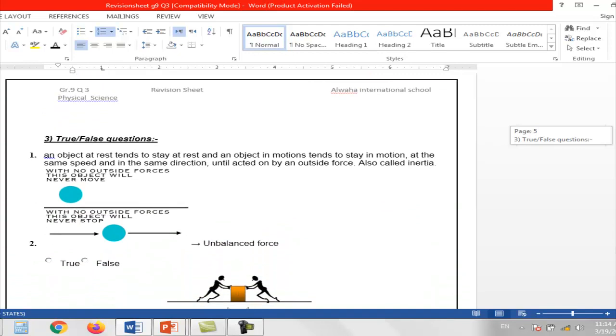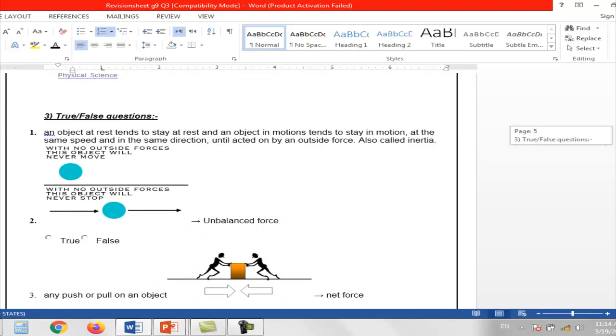True or false? Here, number one. An object at rest tends to stay at rest. An object in motion tends to stay in motion at the same speed and in the same direction until acted on by an outside force, so-called inertia. Is this unbalanced force?